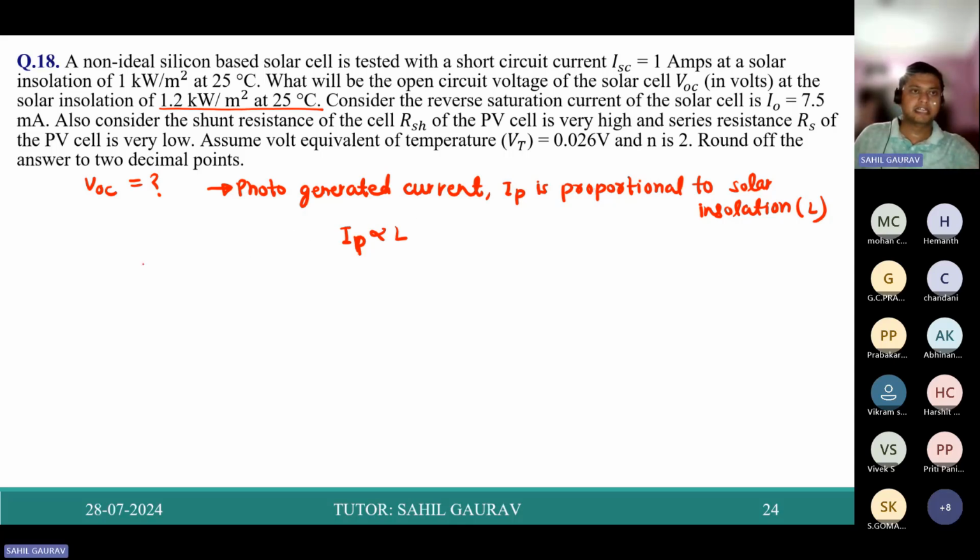And we also know the short circuit current is approximately equal to IP.